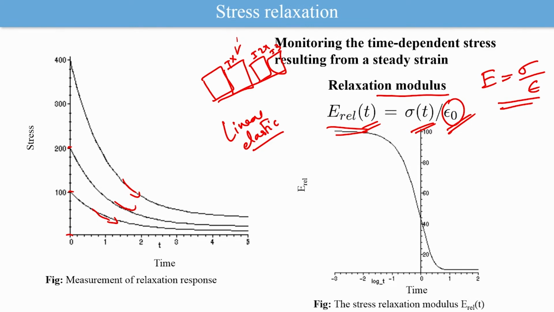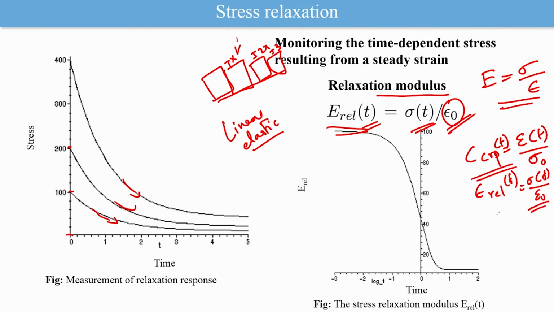Basically that CRP was given as epsilon of t by sigma 0, and E relative of time is given by sigma of t by epsilon 0. Both are very much similar, like you might feel that this CRP is equal to 1 by E relative.